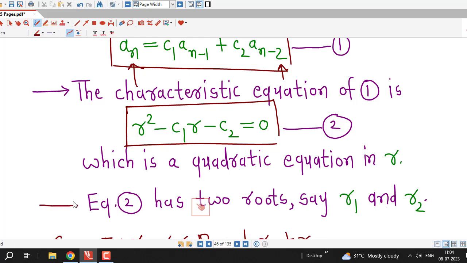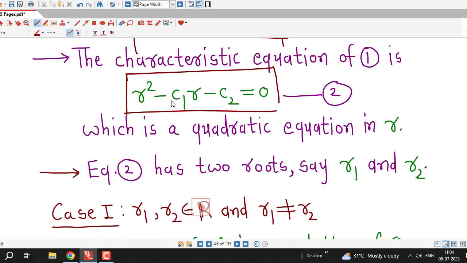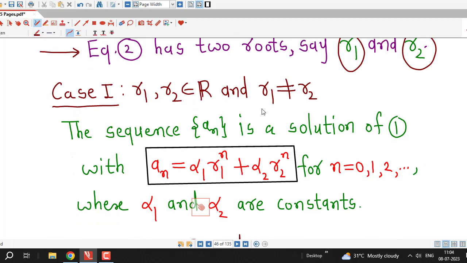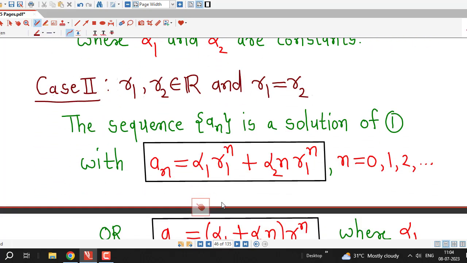And this is what I have discussed just now. Equation 2 has two roots, say r1 and r2. First possibility, r1 and r2 are real and different. Then sequence an is a solution of recurrence relation with an equal to alpha 1 times r1 raised to n plus alpha 2 times r2 raised to n. N can take the values 0, 1, 2 and so on, where alpha 1 and alpha 2 are constants.